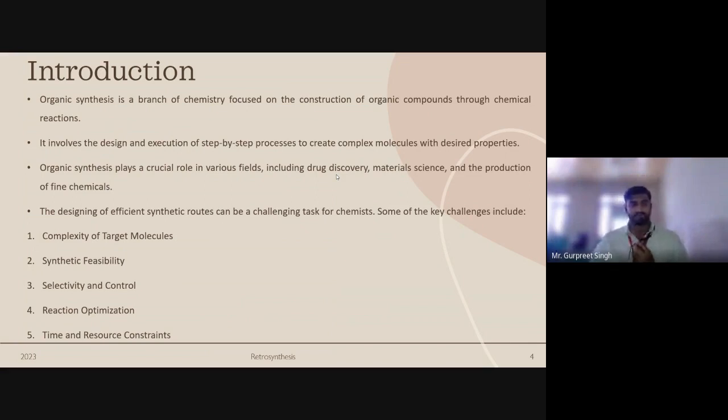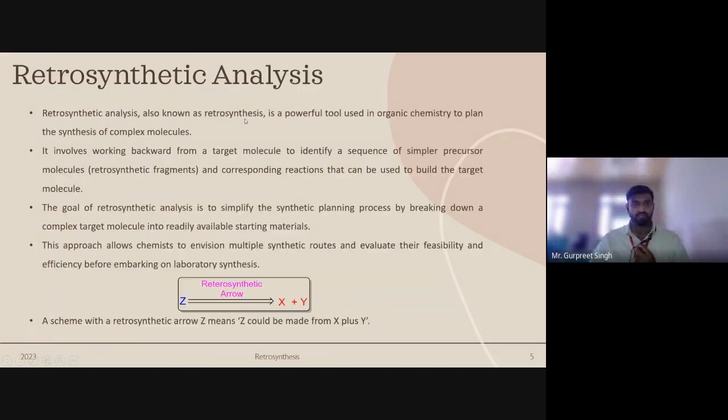To overcome these constraints, we have a tool known as retrosynthetic analysis. Retrosynthesis, or retrosynthetic analysis, is a very powerful tool in organic chemistry which helps you plan very complex organic synthesis in a simple manner. What we do is, we have a target molecule, and we identify the sequence of simple precursors which correspond to the original molecule.